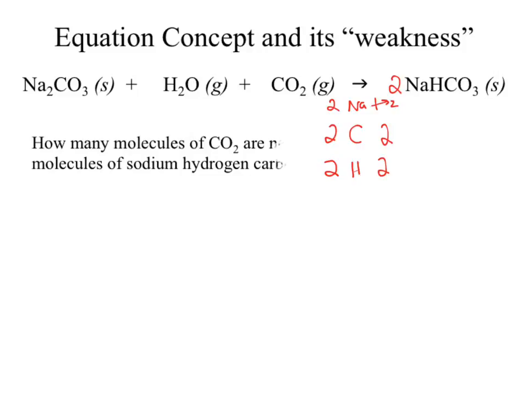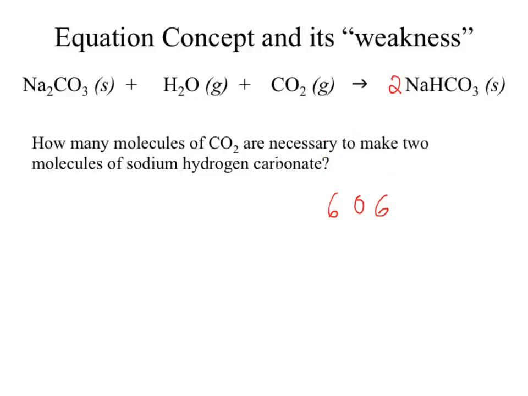How many oxygens on the left? 3, 4, 5, 6. Yeah, it's obnoxious when it shows up in a million different places. And on the right, 6. Is our equation balanced? Yeah. Now that we have the balanced equation, now we can answer the question that was asked.